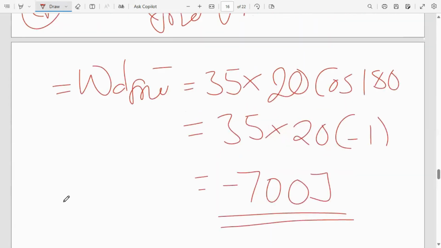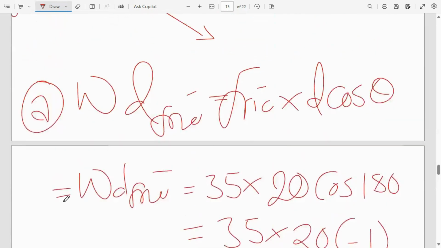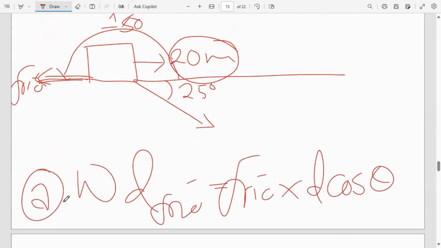So what do you think can be the work done on the cart by the gravitational force? Remember, this guy is moving on level ground. It is not moving in the y-axis. There's no movement in the y-axis, which means displacement in the y-axis is equal to 0, and there's no effect there by the force of gravity.